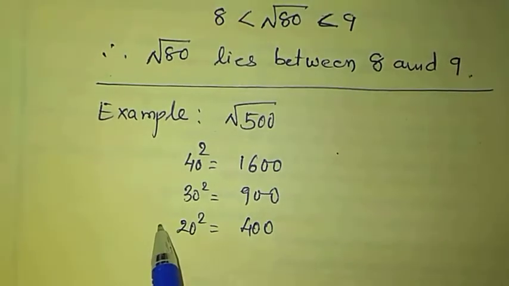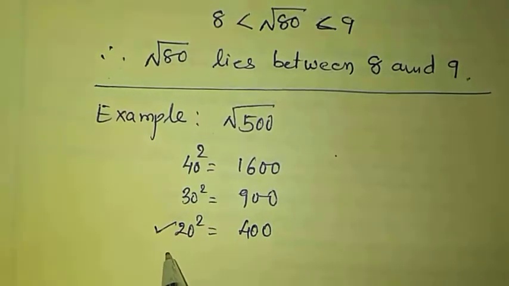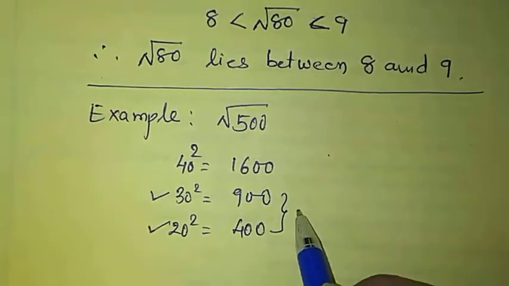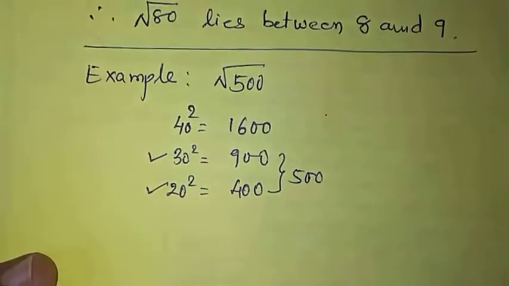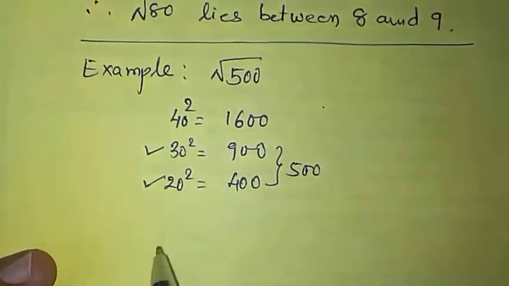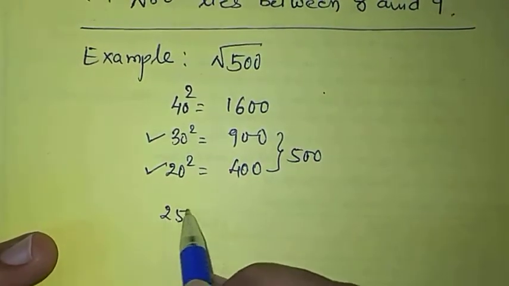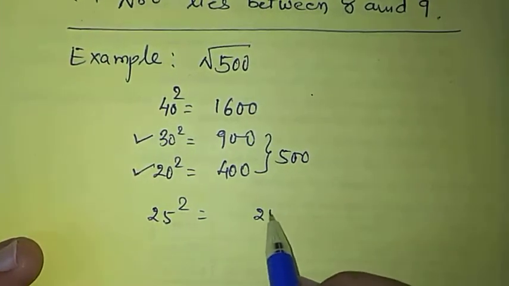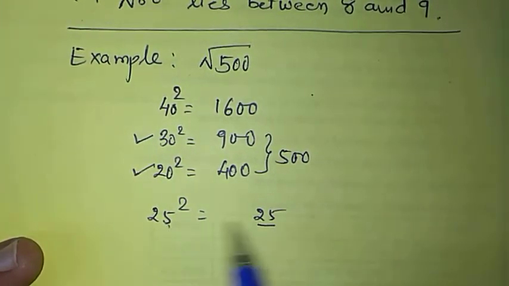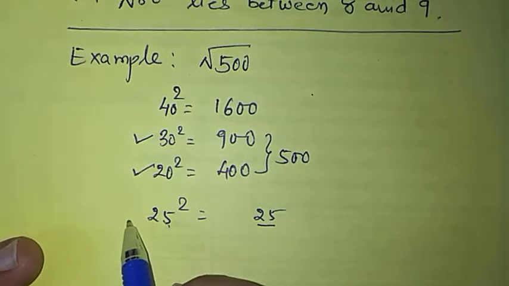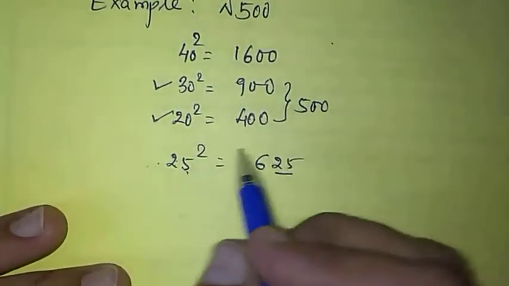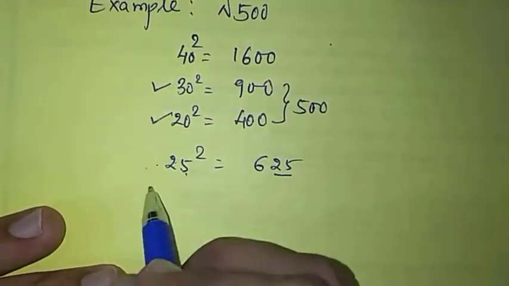So from here we are sure that it lies between 20 and 30. Now we are going to the middle of this, so 25 square. 25 square, we know how to find it: the last digit is 25, and 2 threes are 6, giving 625.